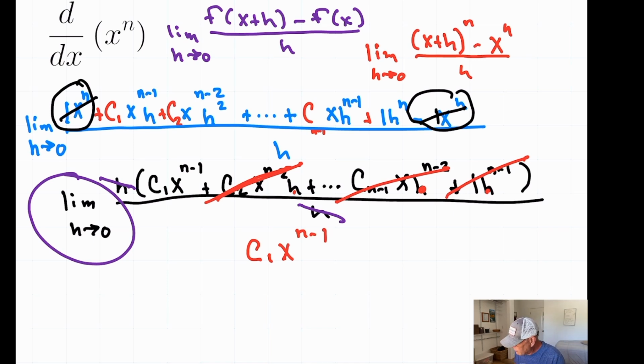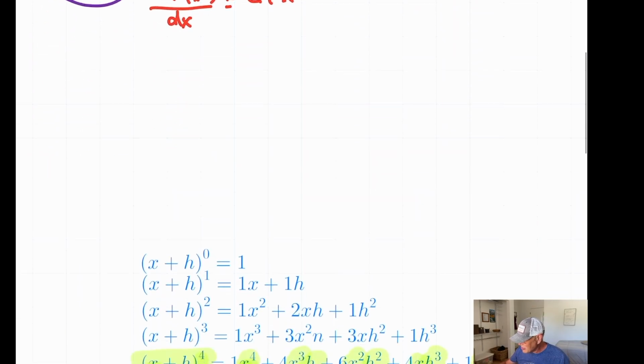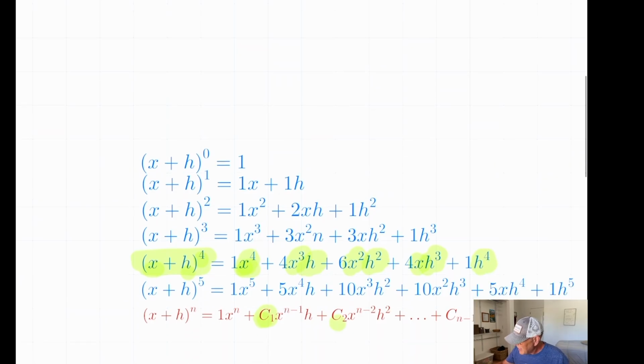So far we have the derivative of x to the n with respect to x is equal to c sub 1 x raised to the n minus 1. Let's find out what c sub 1 is. Well, there's another pattern that we haven't discussed yet. When I'm raising it to the second power here, you can see that my coefficient there is 2.